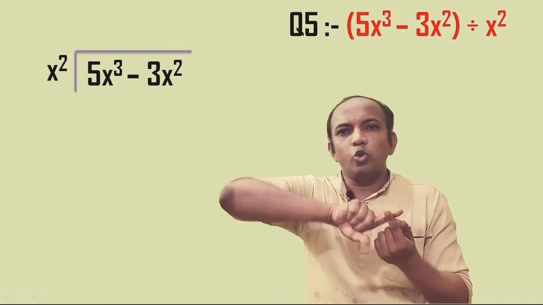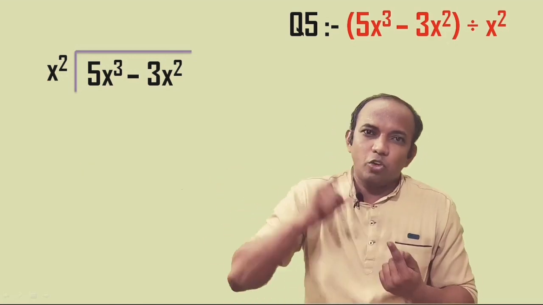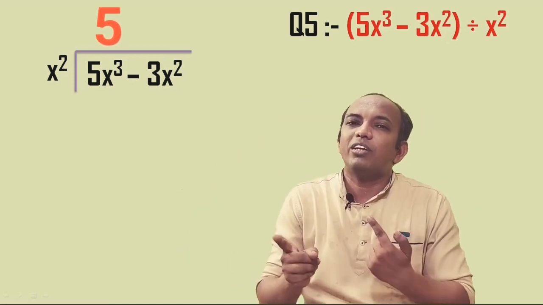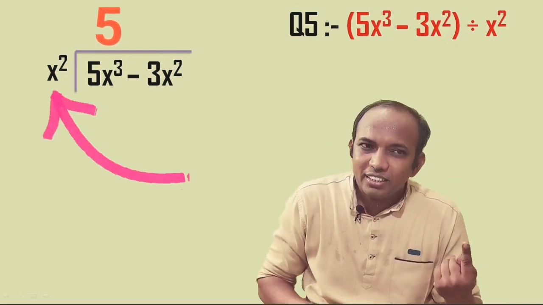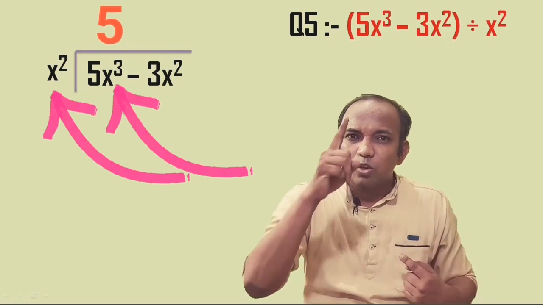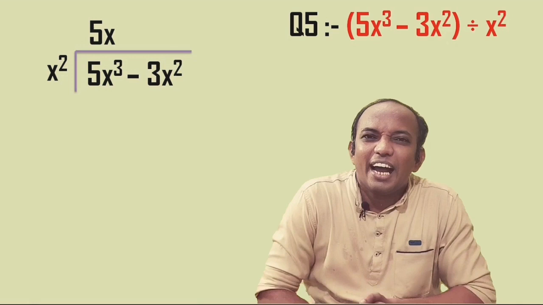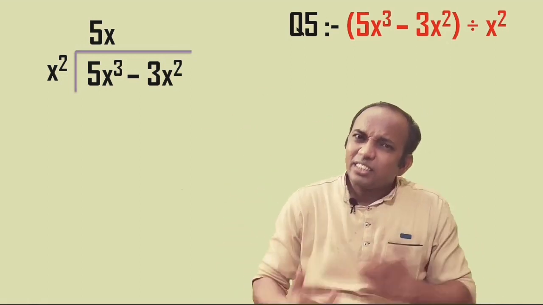So in one's table, do we have 5? Yes. At what place? 5s are. So 5s are will be written in the quotient, and now check the difference of the power between the variable. We have x square in the divisor, we have x cube in the dividend, right? So how much is the difference? 1x is extra, so write x near to that 5, and as a result we get 5x, right? 5x in the quotient, and next step is what?